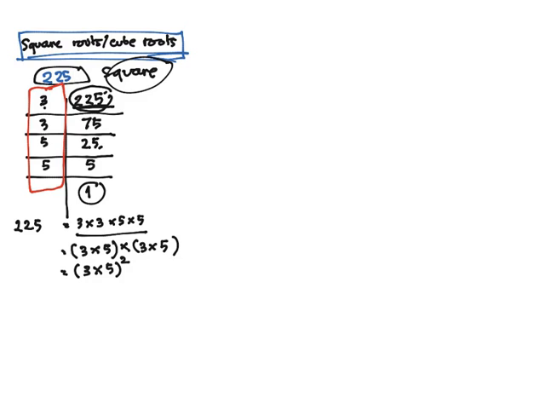So this means the square root of 225 is equal to 3 times 5, or is equal to 15. So we get the answer here, the square root of 225. So the question is, how about if we want to do the cube roots?